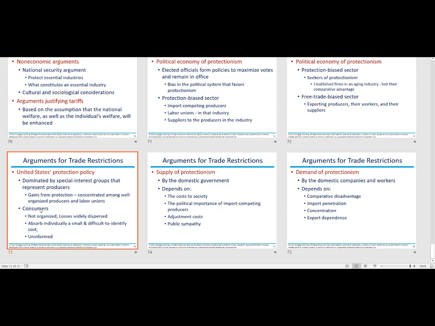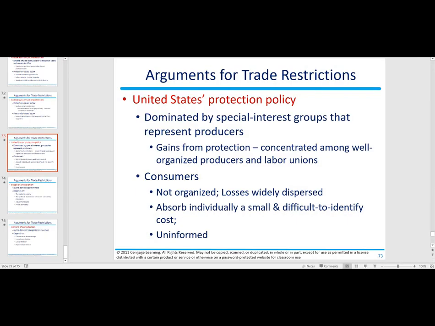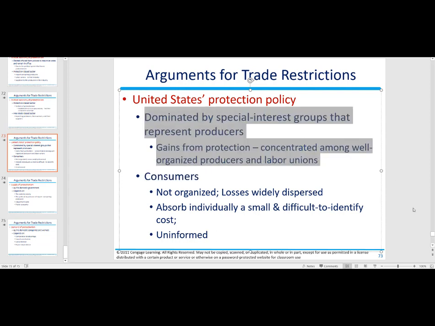On the other hand, consumers do not organize themselves in order to advocate for free trade. As most of the money comes from those that want protectionism, it's not surprising that a lot of those measures are implemented.